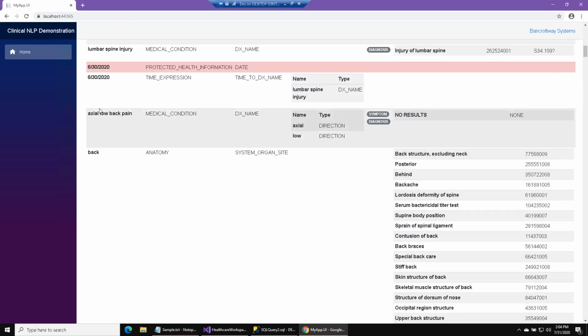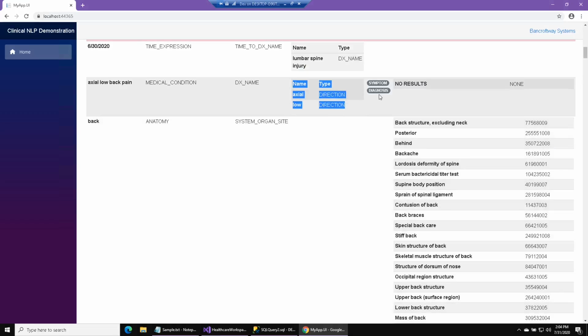When the technology sees a medical condition with other modifiers, for example back pain with the direction axial and the location low, it can help us further classify where that back pain is, and that it is of type symptom and also a diagnosis.